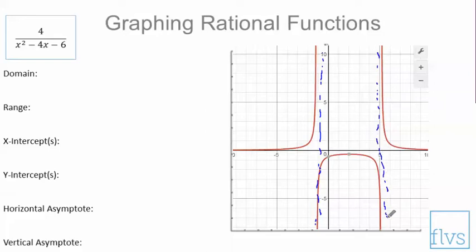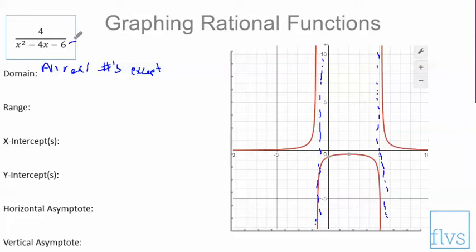That would be where my domain does not exist. So we generally start the rule with all real numbers, but we've got some exceptions. We can say except. Where is that?